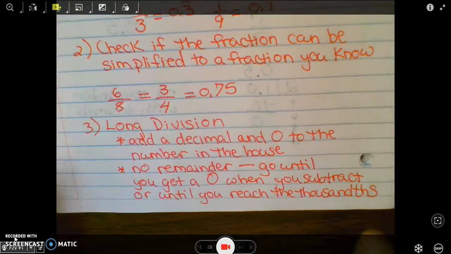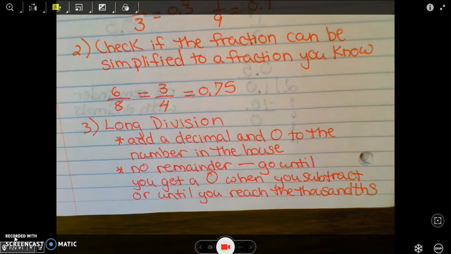Oops, slide this over so you can see. So you're going to have to add a decimal and a 0 to the number in the house in order to make this work. We're not going to have a remainder. You would keep dividing until you get a 0 when you subtract or until you reach the thousandths place.